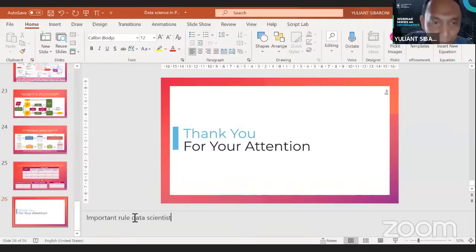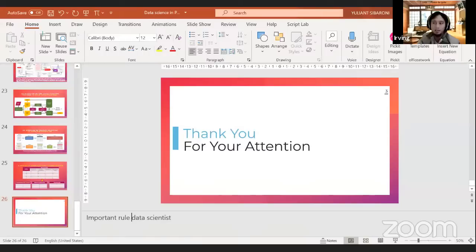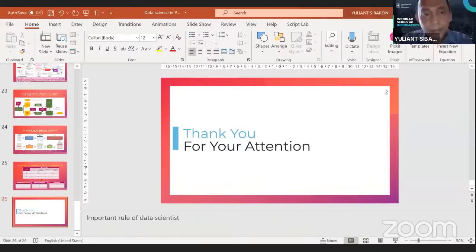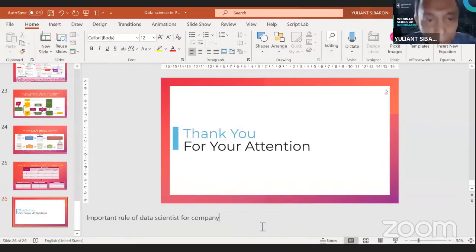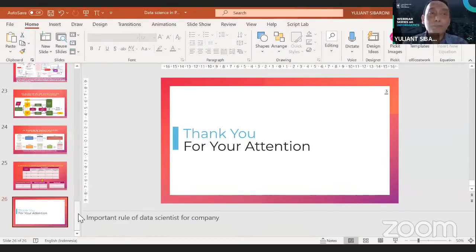The important role of a data scientist for a company. Okay, like in my presentation previously, a data scientist works based on the customer's problem.